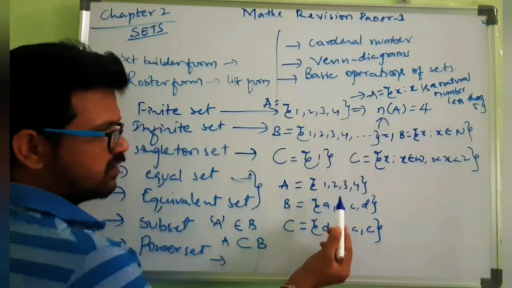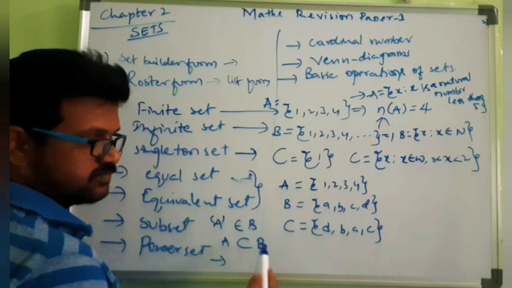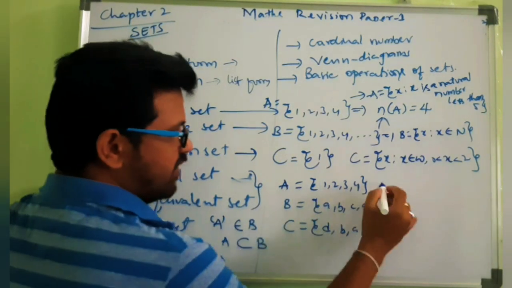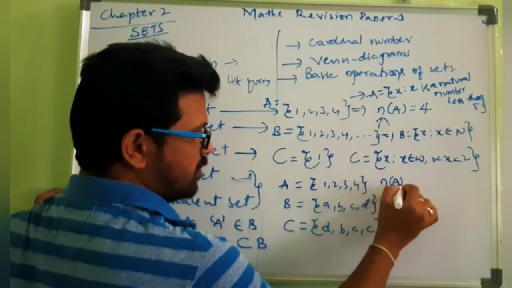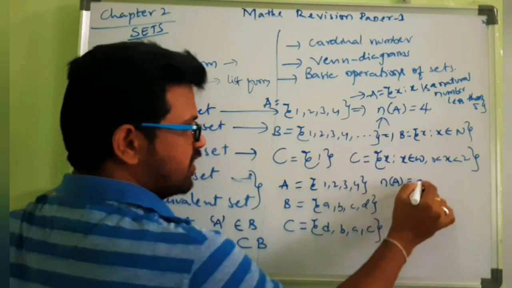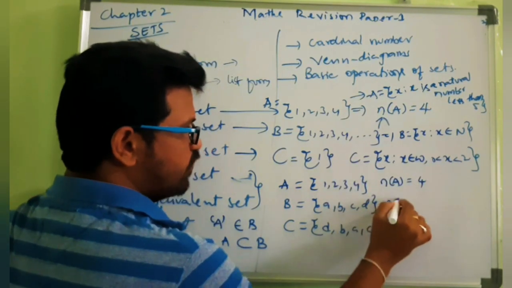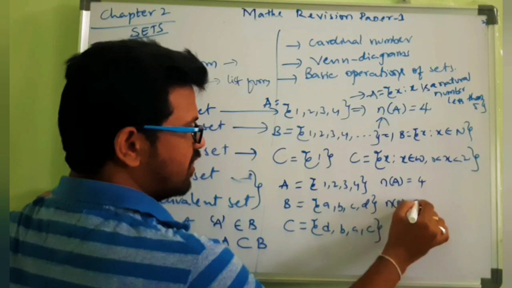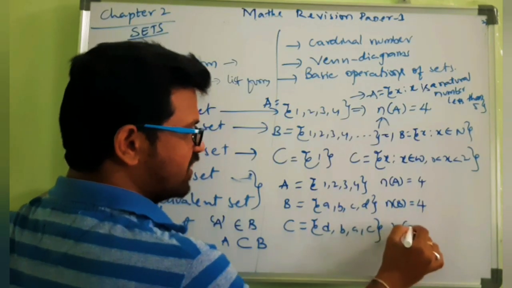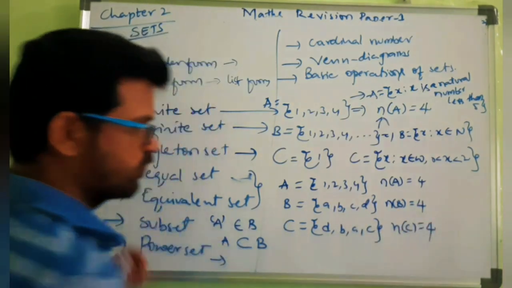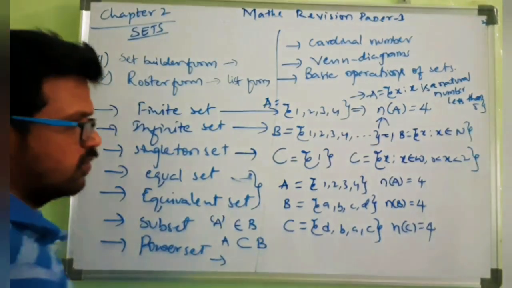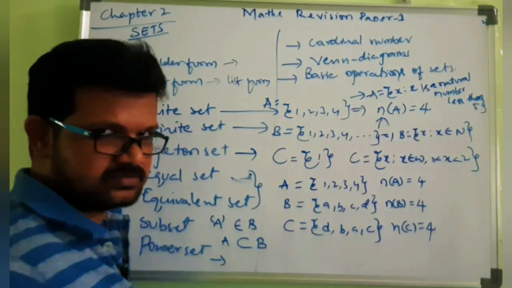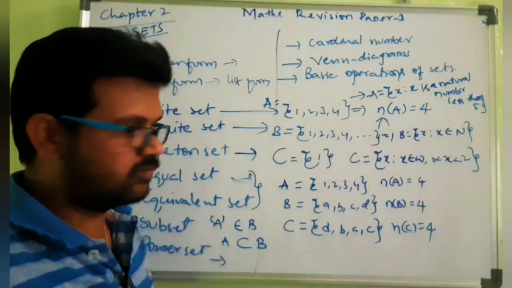So here if you observe, what is n of A? Cardinal number of set A is equal to 4, and n of B, number of elements in set B, also 4, and number of elements in set C also 4.